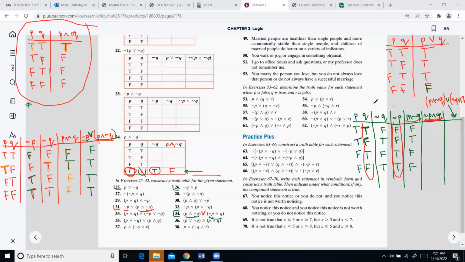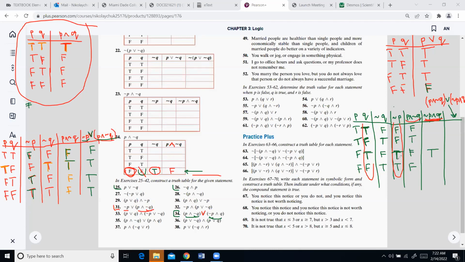So it looks like now I have only one case when they both are true, on the line number 3, right? Third row has both T's, so that's where I get T. I say, Alex, what about this F? We don't care for this. We just care for row number 2 and row number 4.